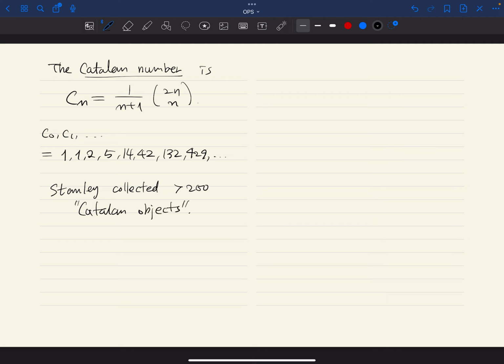So Dyck paths are one of the Catalan objects, right? And there are many more. Some well-known Catalan objects, like a Dyck path, of course.